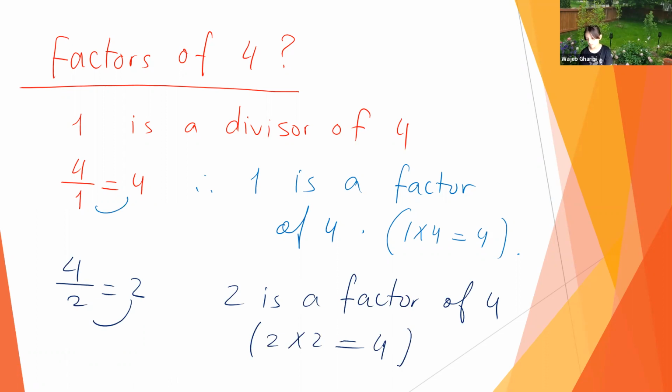So finding factors of a number, we have to find the divisors of that number. Here 4 is divisible by 1, or 1 is a divisor of 4. 4 is divisible by 2 because 4 divided by 2 equals 2. And 4 is also divisible by 4, because 4 divided by 4 equals 1.